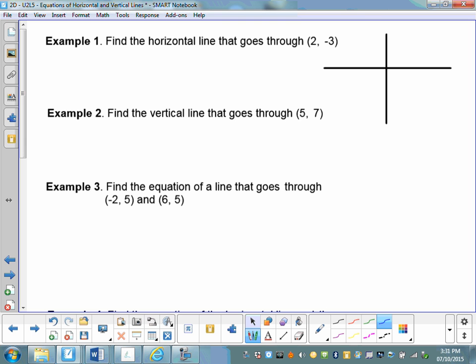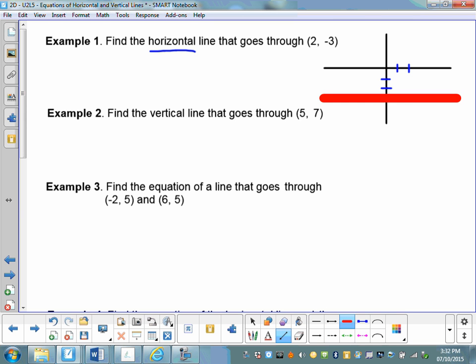It doesn't have to be a perfect graph, but if I plot where that point is, so say that's 2 and -3. So I have a point here, and I want to draw a horizontal line that goes through that point. So if I drew a horizontal line, it would look like that.